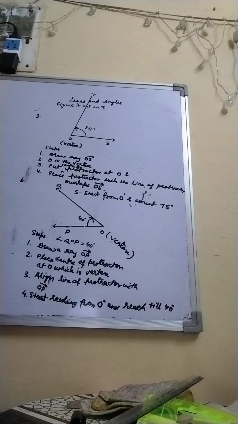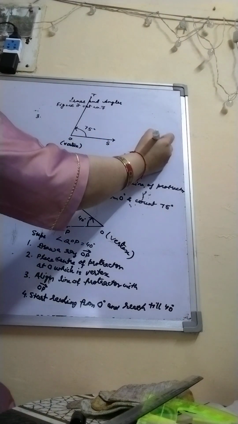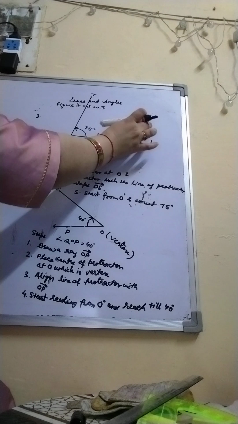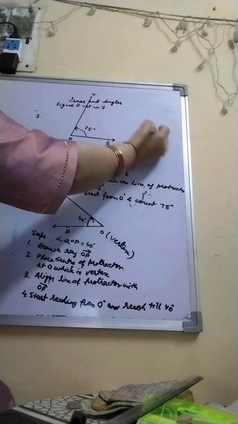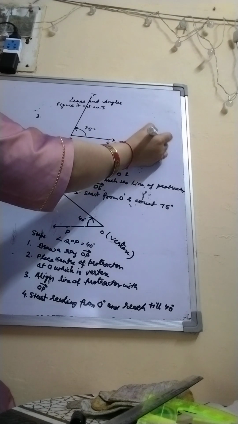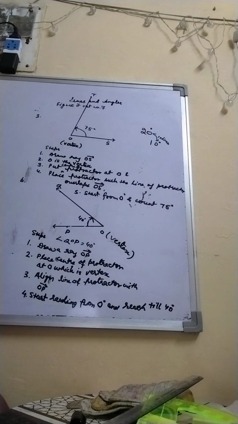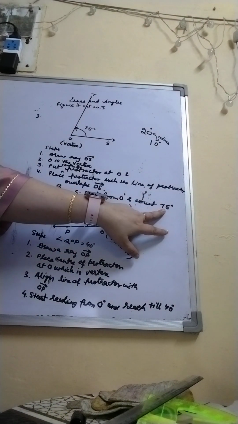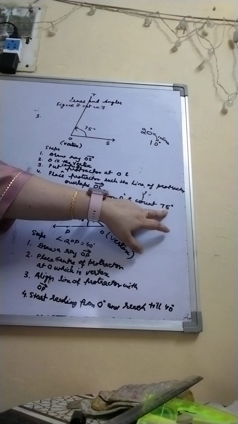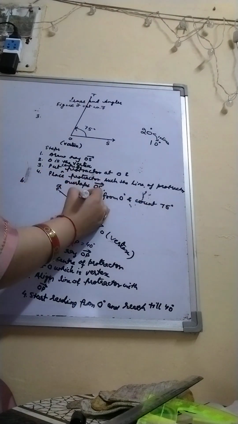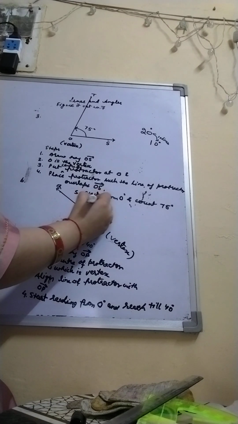75. So you remember that between any two marked degrees, like 10 degree and 20 degree, there are 10 lines. So you have to see how many lines you have to count. For 75, first you reach 70 and then count 5 lines more to get the required.